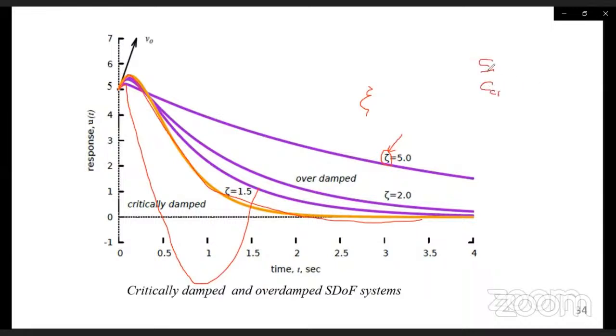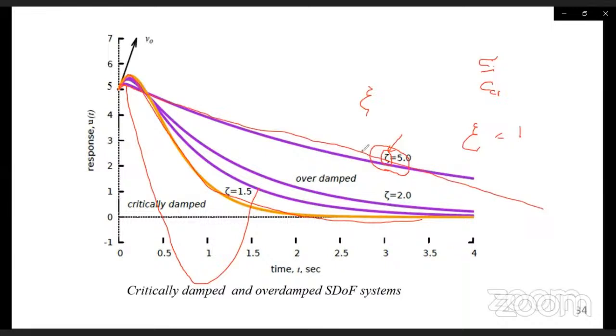For critical damping, we are saying xi is equal to 1 because C is equal to C critical. And that's why for an overdamped system, the value continues increasing. The damping value is far greater than the critical damping value. So you can see our motion is just like a straight line there. There's no oscillatory motion. You cannot see a wave.